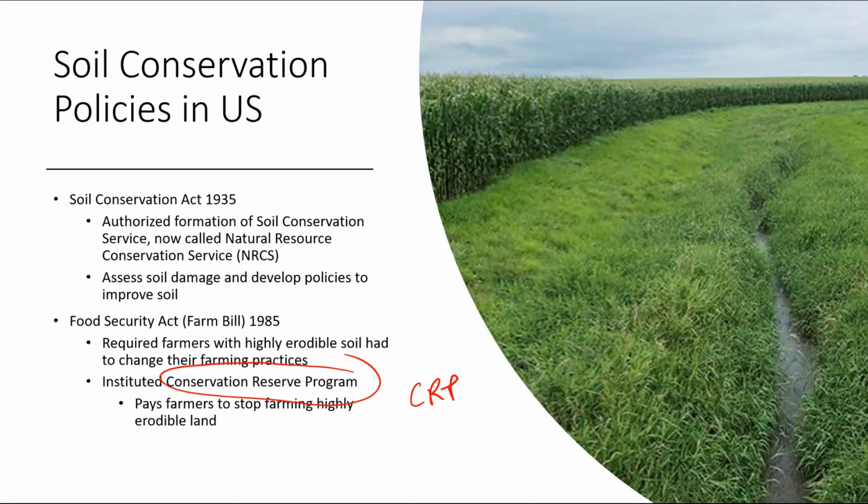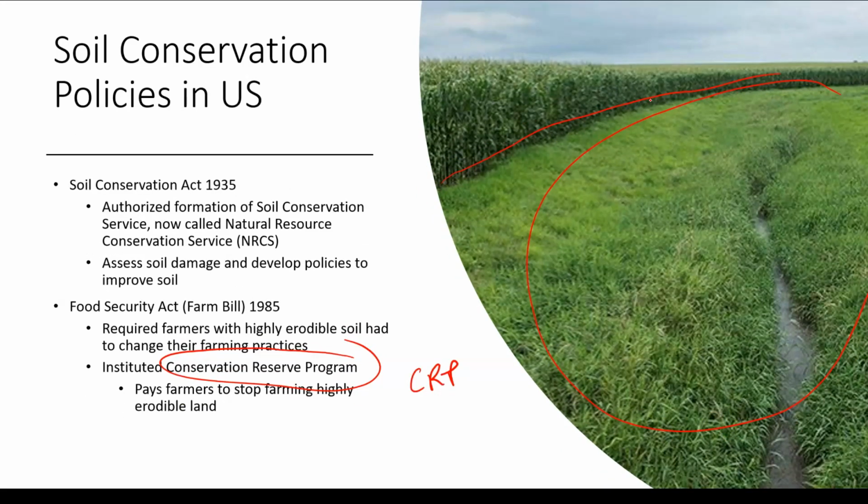So they actually will pay farmers not to farm portions of their land to help maintain soil quality, and that's called CRP land. So in the case here, you can see a cornfield, but they're actually having the farmer leave that with native vegetation in place.